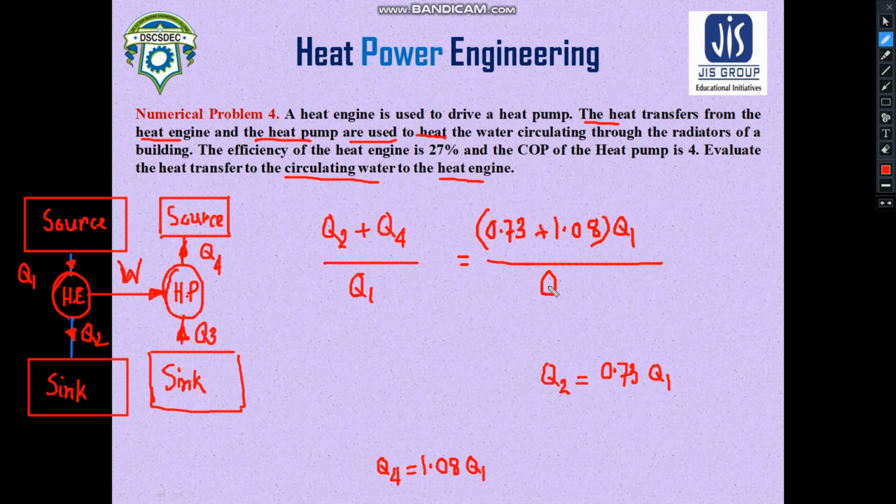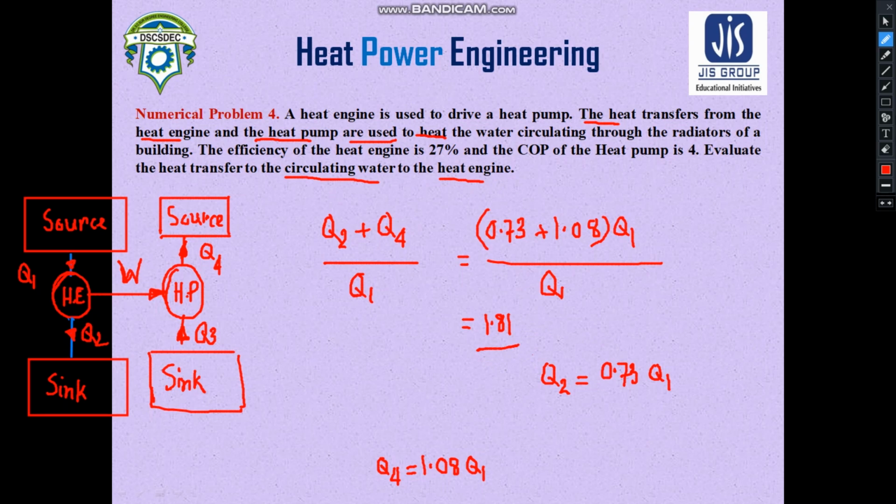Okay, so it will be simply 1.81. Sorry, this Q1 will be removed. So the ratio of the heat which is being transferred to the circulating water to the heat transferred to the heat engine is nothing but 1.81.